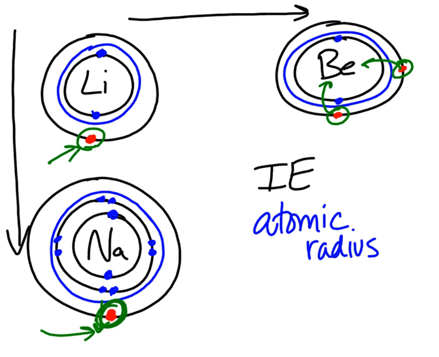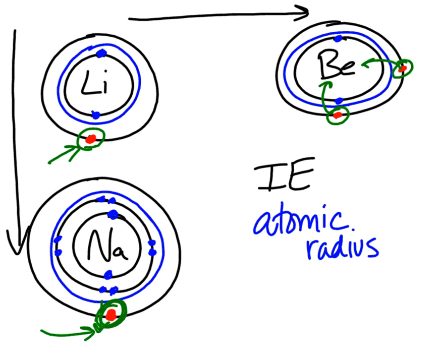There's more shielding in sodium than in lithium. So as they're being pushed away, that valence electron gets farther and farther from the nucleus, which causes the atomic radius to get bigger. Compared to sodium, lithium doesn't have as much shielding, so its nucleus isn't being as shielded from the valence electron.